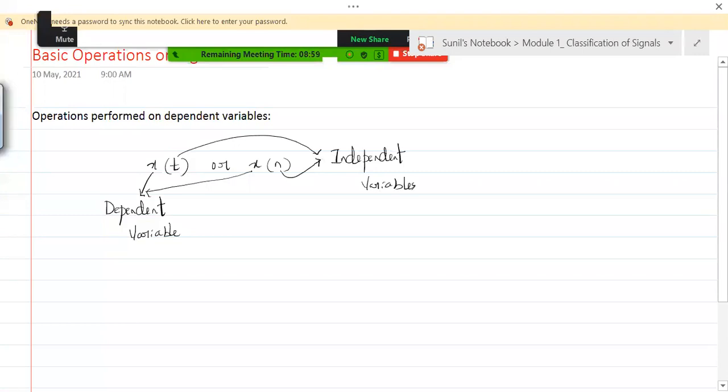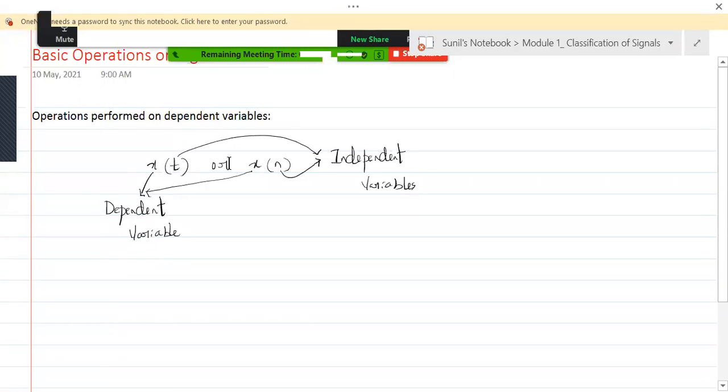Now, why they are called as dependent and independent variables? Just concentrate here. This is signal, right? What is the definition of signal? Signal is function of time. That means it depends on a variable time which is continuously changing. So since the signal is depending on time, the signal is the dependent variable.